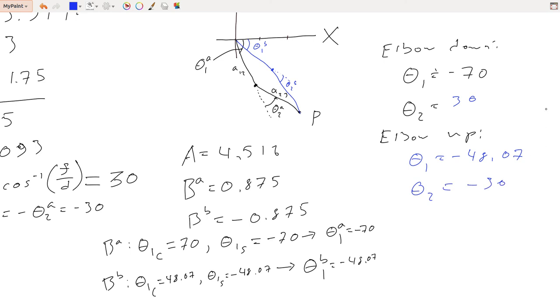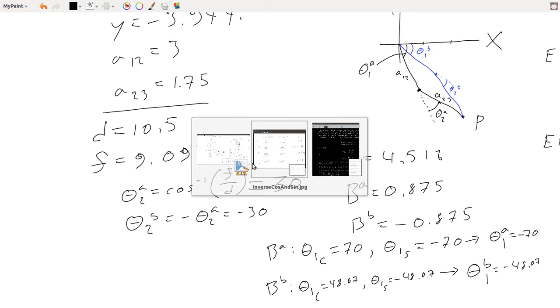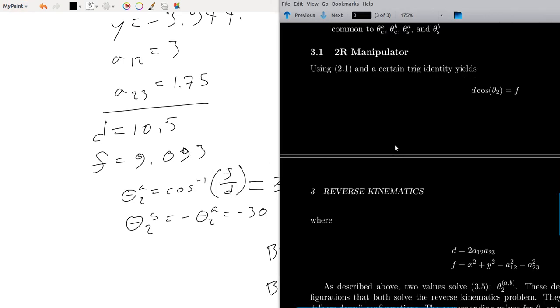So there's the solution for our inverse kinematics problem. We were given the location of point P, and we found theta 1 and theta 2 that would put the end effector at that point. The way we did it was by first solving for the two values of theta 2 using this information here.